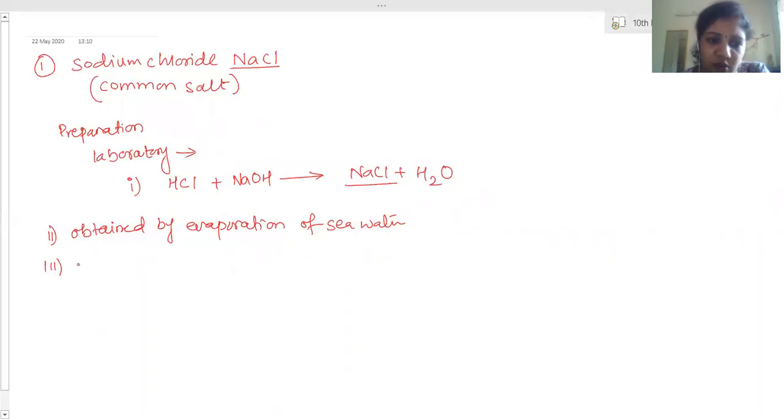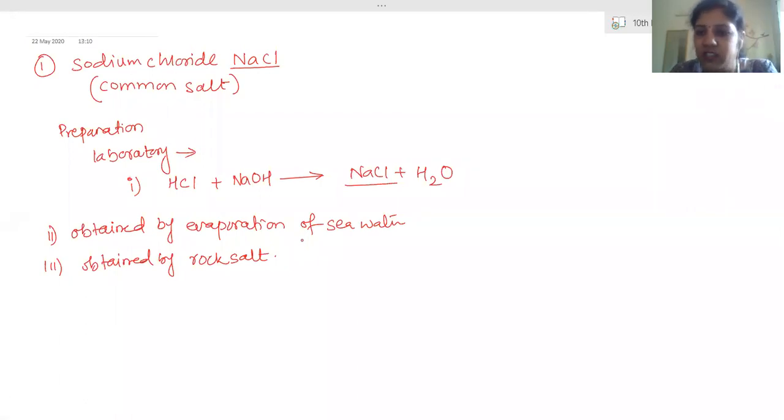It is obtained from rock salt as well, either with or without purifying. This rock salt, which we use directly, is a source of sodium chloride again. It consists of more sodium chloride, but along with that some other salts which are important for our body are also available. So what is rock salt?